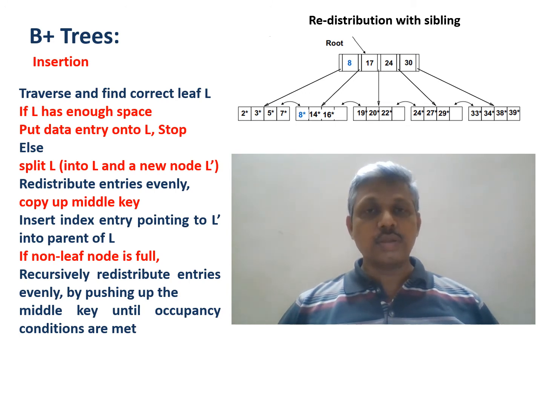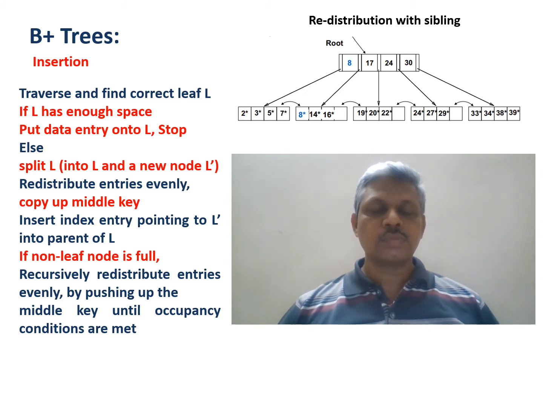Otherwise, if it is full, split L into 2 nodes, L and L dash, redistribute the entries evenly into L and L dash, and copy up the middle key value, inserting an index entry pointing to L dash into the parent of L. And if a non-leaf node is also full, recursively do this, redistributing the values until the 50% capacity rule is not violated. So we keep on doing this until we reach the root node. And that's how the insertion can be observed.